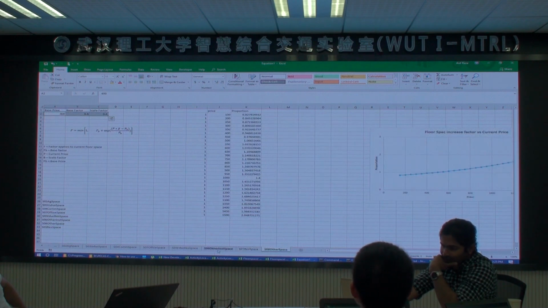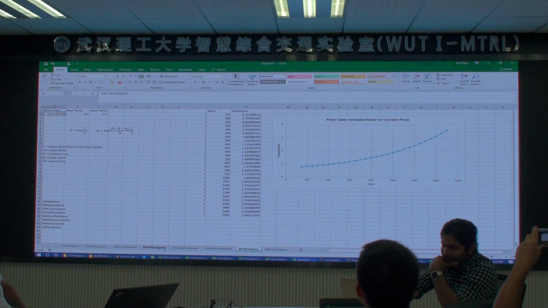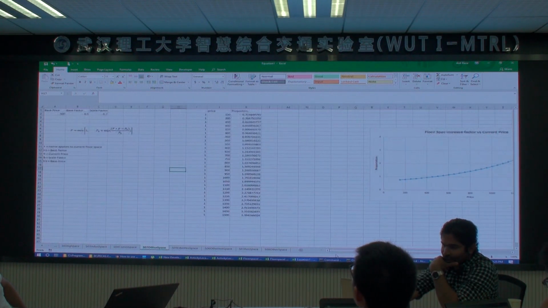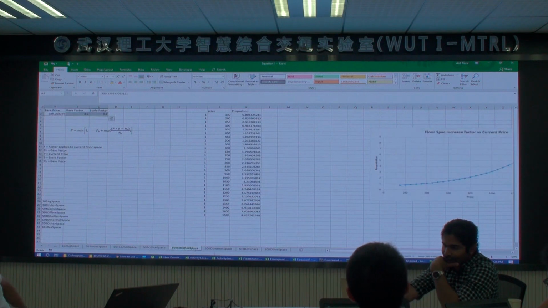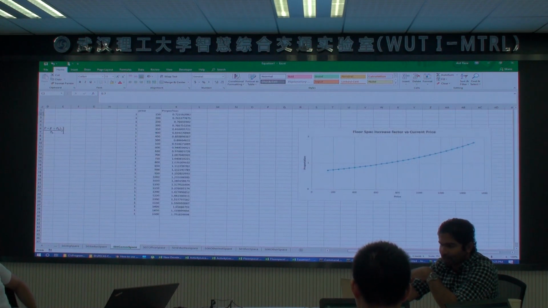We have 6 or 7 space types. You can see this is the function for residential, and this, for example, is the function for office space. Here you can see the base prices are different for each space type, and the parameters are also different for each space type.